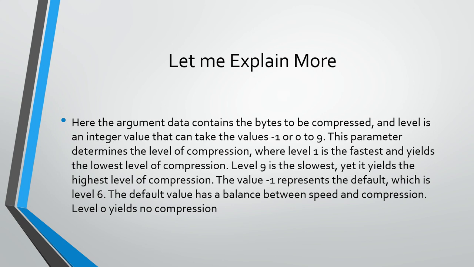It will be compressed but the value will not be the same. Make sure that if you are using zlib.compress, then it will compress and the length of the variables will change, the length of the characters will change, it will not remain the same.